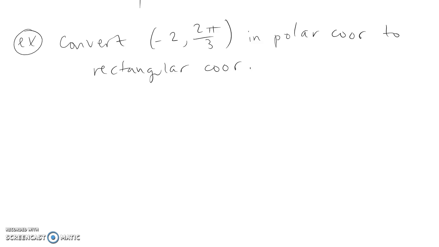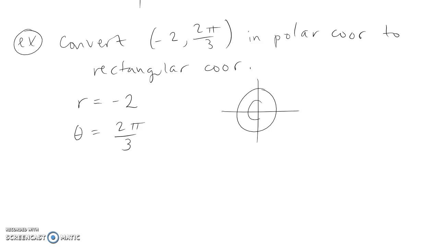So looking at this point, I know that r is negative 2 and that theta is 2 pi over 3. The first thing we're going to do is think about where this point is. I know that I've got radius 2, and theta is 2 pi over 3.